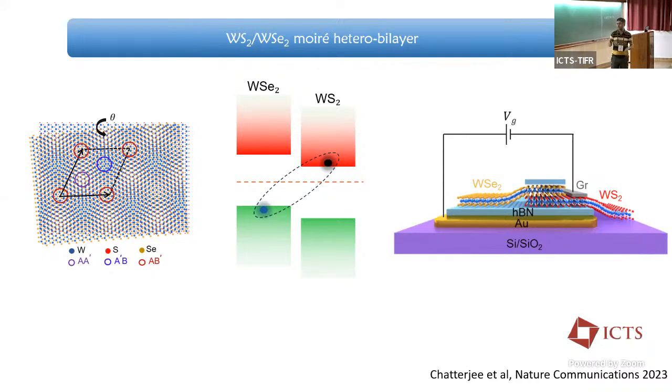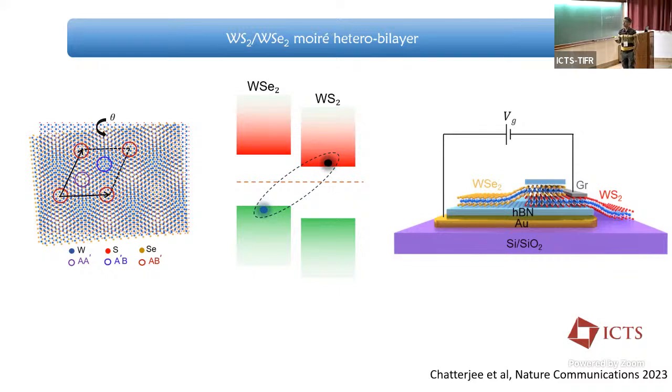There are multiple theories, but the bottom line is that this is going to be a much lower oscillator strength exciton, which is good for experimentalists because it gives you enough time to measure and manipulate them. For example, the radiative lifetime of the intralayer excitons can be on the order of a picosecond, while I'll show you that this can go all the way up to 100 nanoseconds. It's almost like living forever for TMDs.